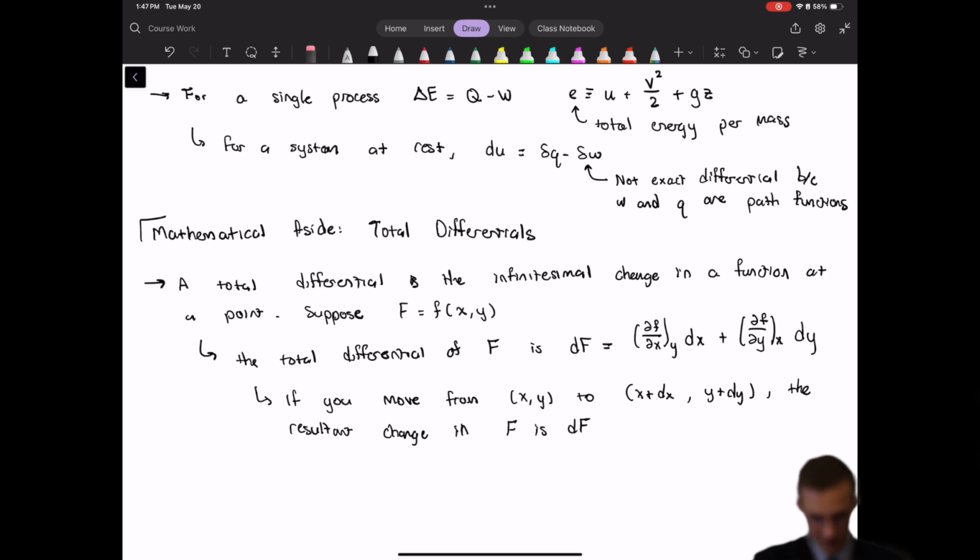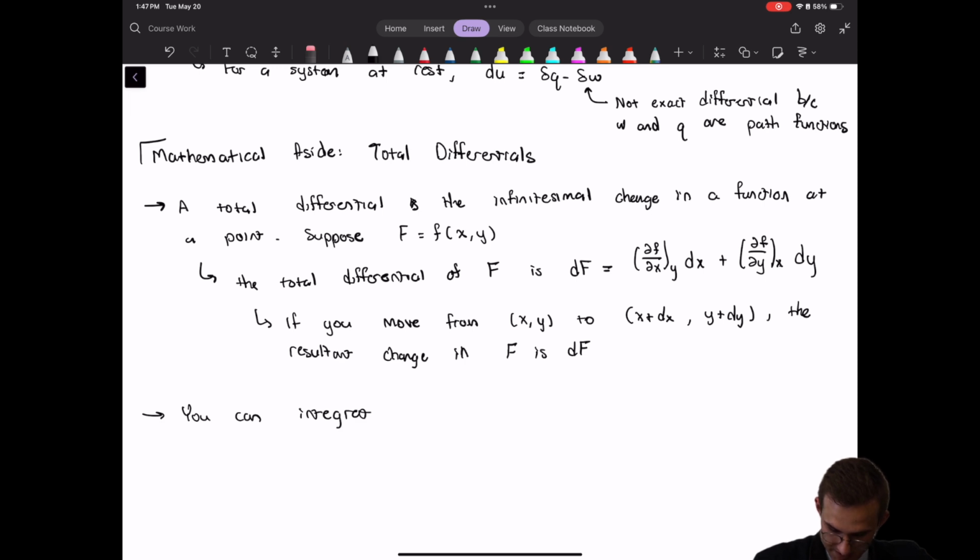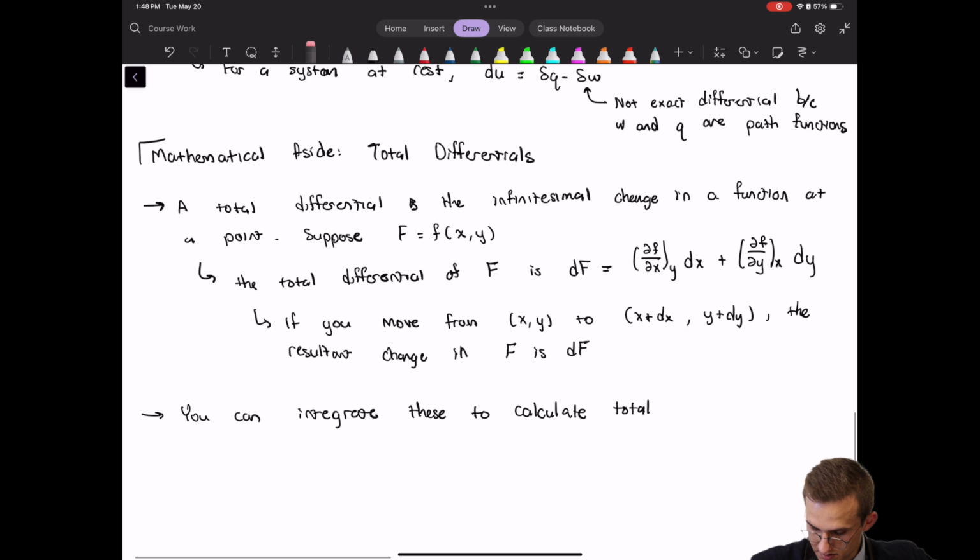Okay, it's an infinitesimal change. So how do we use these? Well, the most important thing is that we can integrate these to calculate total changes during a process.